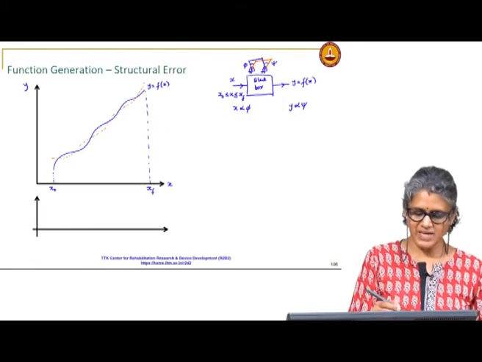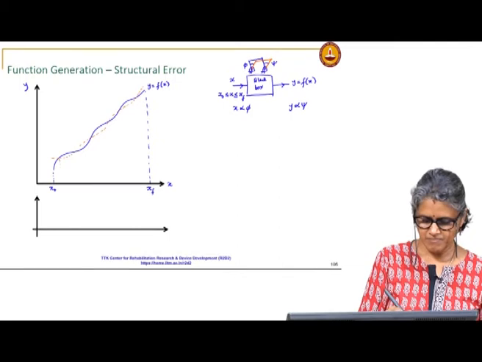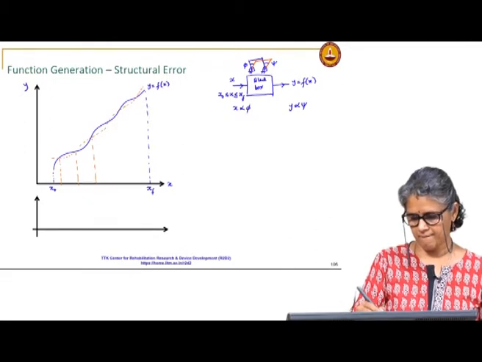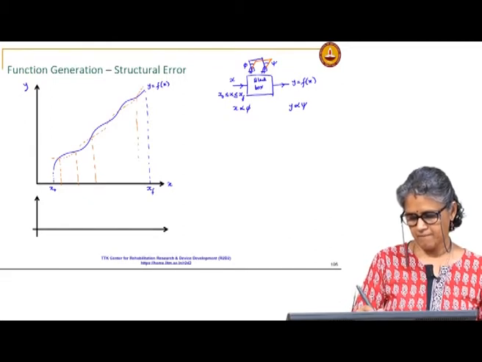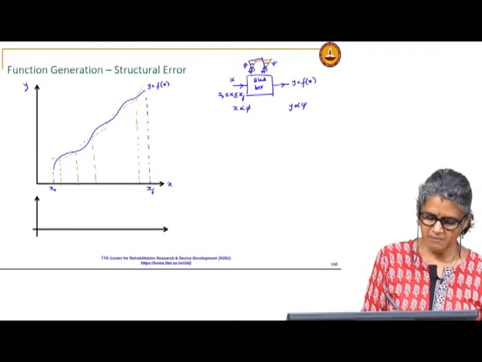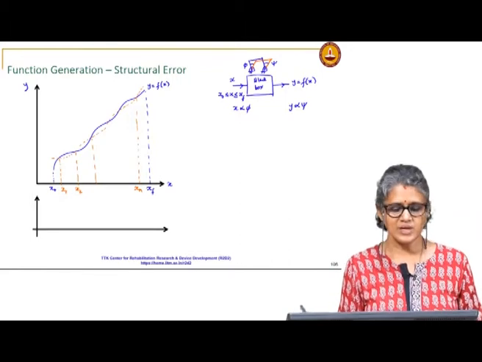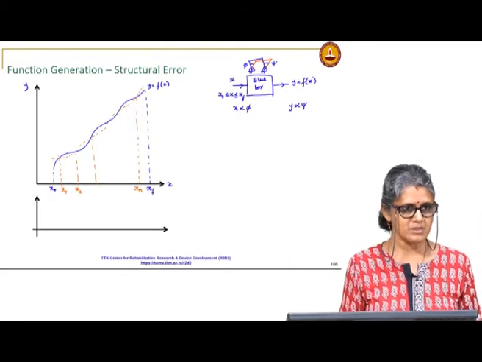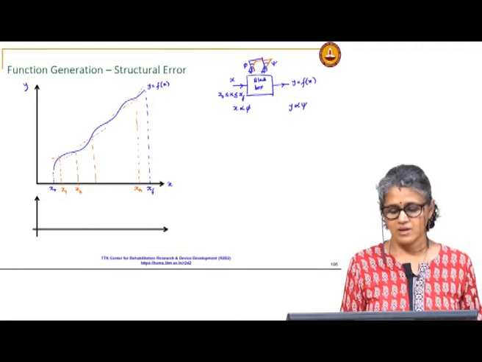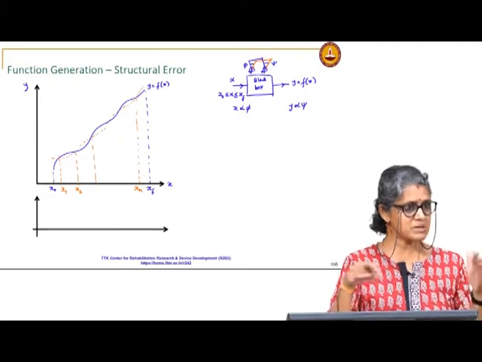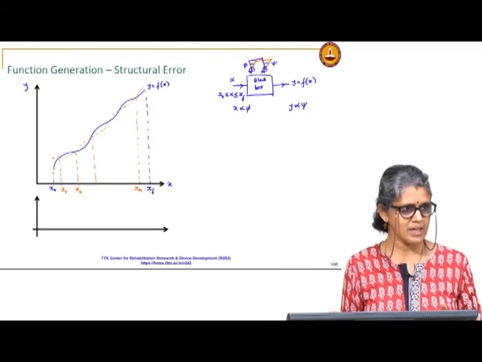It may match exactly with what I need at some n precision points. So there is no error at those precision points, but everywhere else in between I would have some error.